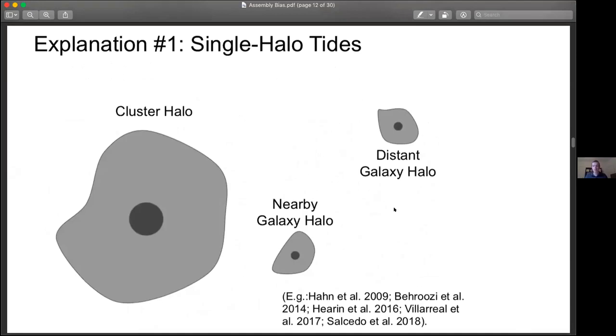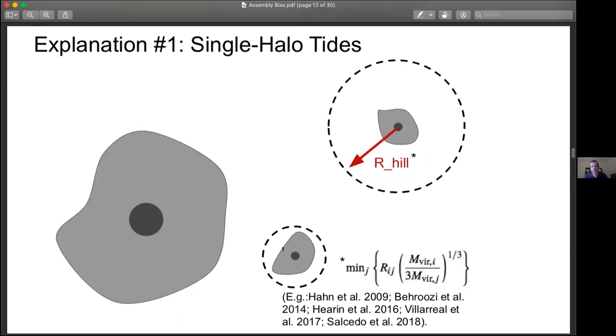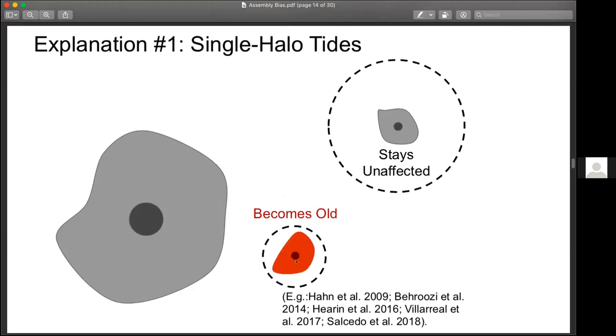One of the very popular ones is the tidal fields from individual large dark matter halos. If you're a galaxy mass dark matter halo that's near a galaxy cluster, the region around you where you are gravitationally dominant is smaller than if you're further away. This is known as the Hill radius of the object. What this means is further away halos can attract matter from larger distances, and they can grow at higher rates than those that are nearby. And it means that you would expect halos to be shifted to older ages the closer they get to these massive objects.